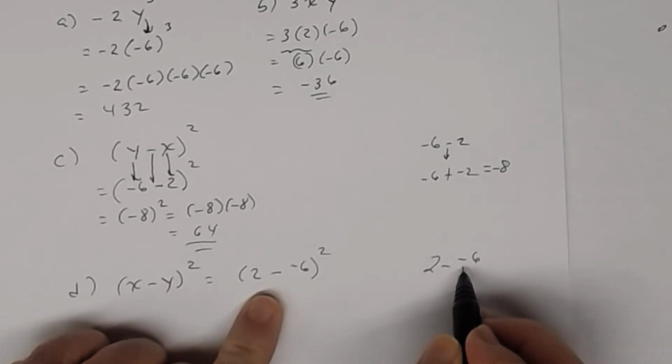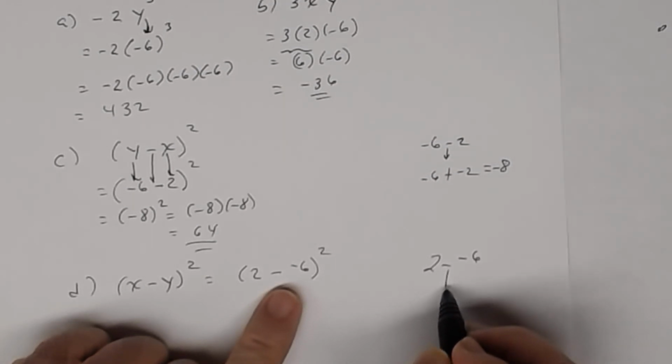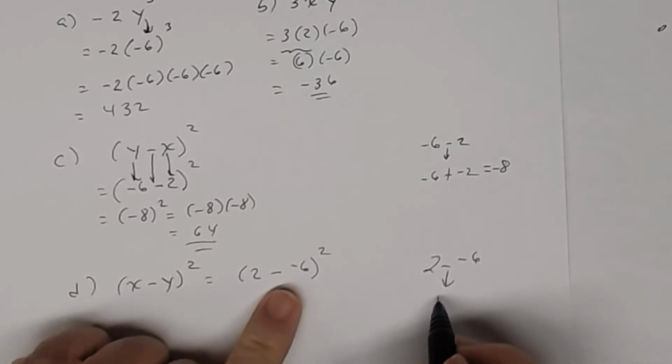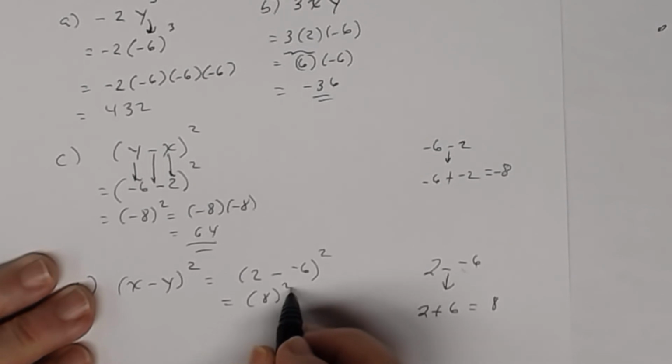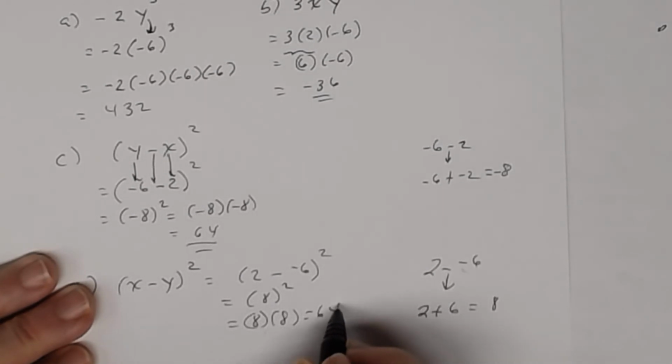That's 2 subtract -6 inside the parentheses. If I change this to addition, adding the opposite, that becomes 2 plus the opposite of -6, which is positive 6. So that becomes a positive 8 this time. And so 8 squared means 8 times 8, which is 64.